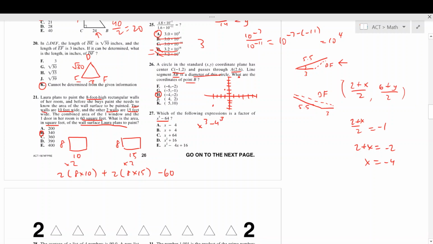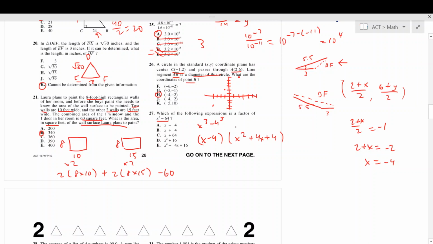And I can factor. There's a way to factor difference of cubes with subtraction. So it would just be x minus 4, and it'll be x squared plus 4x, sorry.